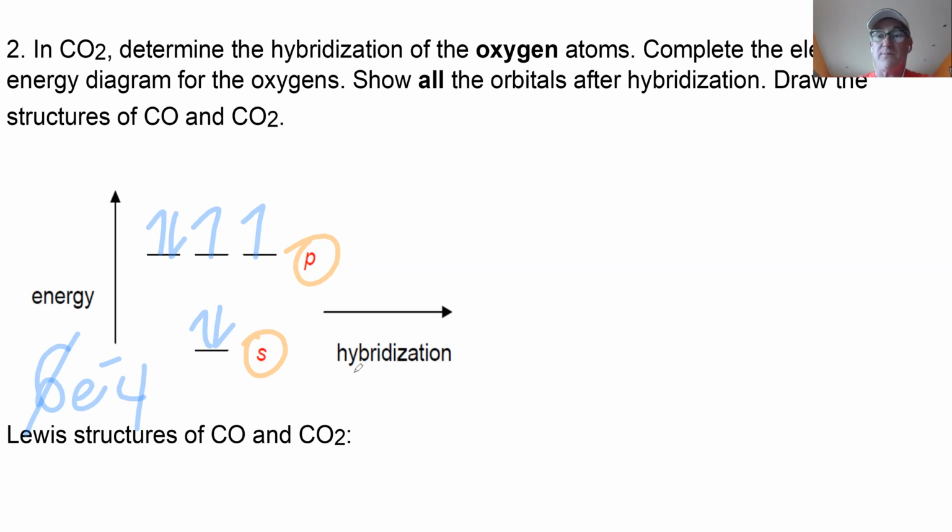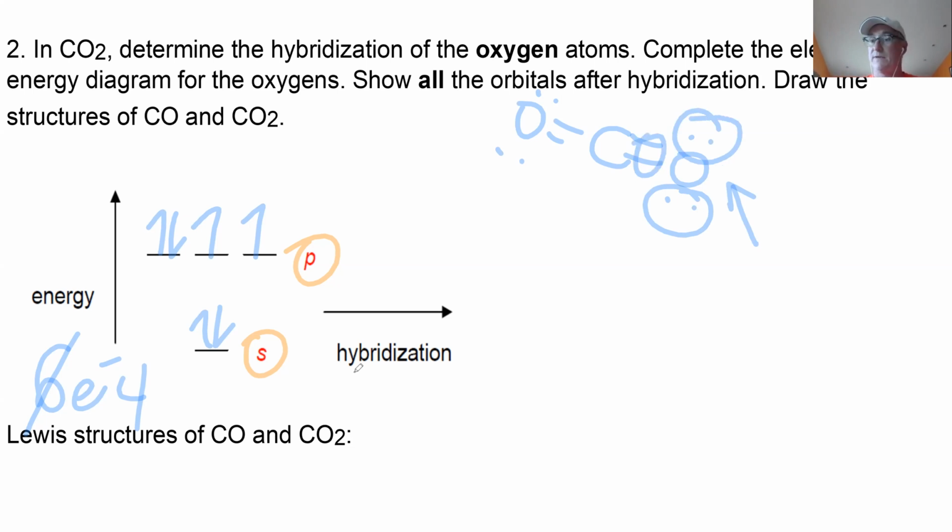Now, let's go back to the CO2. This is what the oxygen looked like in the CO2. How many regions of electron density are around the oxygen this time? 3. 1, this lone pair. 2, this other lone pair. 3, this double bond.